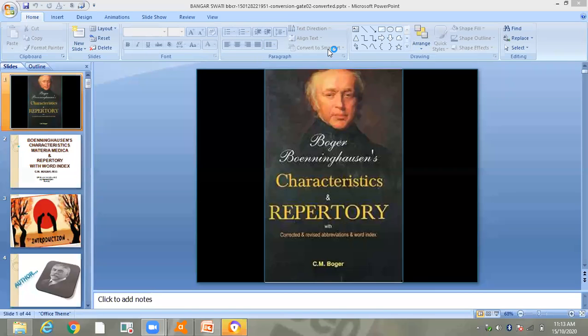Dr. Boger went through BTPB, liked all the principles of Bonninghausen, and found that the plan and construction were not proper. There were some lacunas in Bonninghausen's repertory: he gave importance to complete symptom, but concomitants were not added in each section properly. In some sections only we find the concomitant symptoms, otherwise they are scattered all over the repertory.